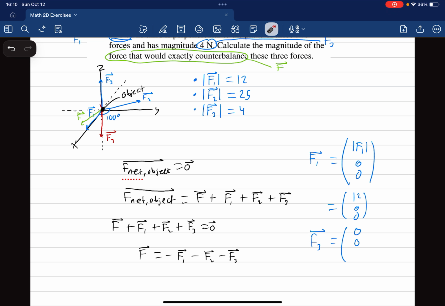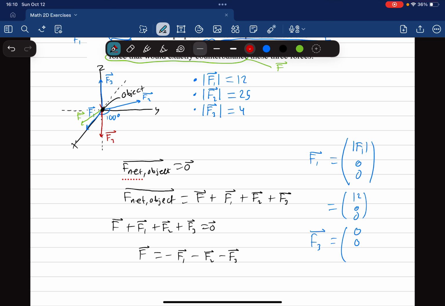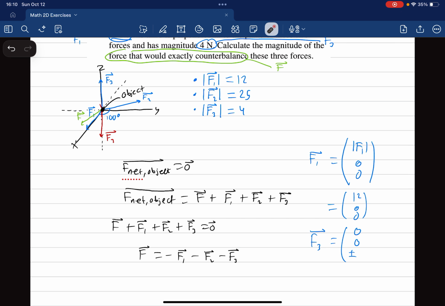And that plane is the xy plane. So there's nothing stopping F3 from pointing down instead of pointing up as we've drawn it originally. And so to account for that, we need to add this plus or minus here, along with the magnitude of F3, which is 4.